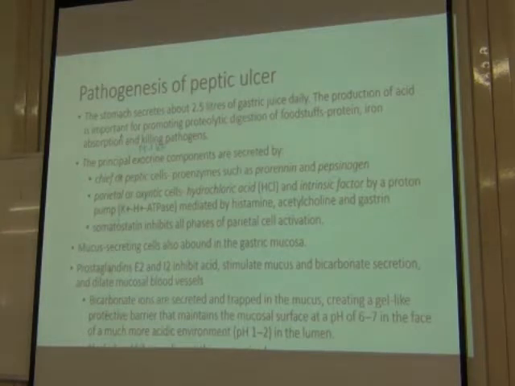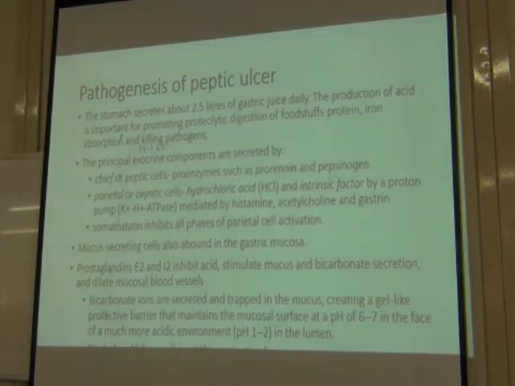Do you remember that when we were doing our NSAIDs? We saw that prostaglandins formed from the action of the cyclooxygenase enzyme on arachidonic acid have a role to play in the cytoprotection of the GIT. Do we remember that?